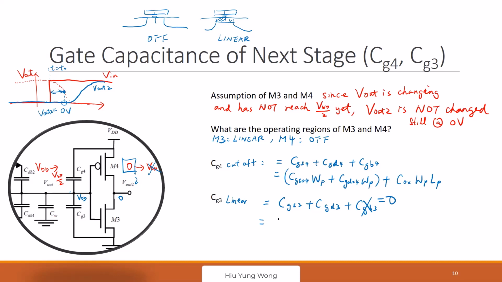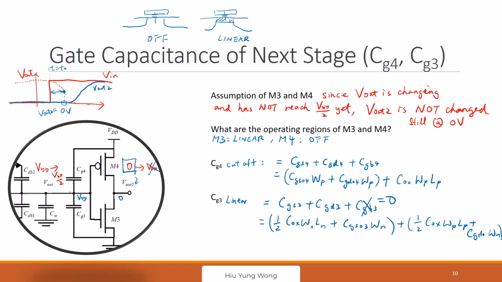So you have half COX WNLN, plus you have overlap capacitance still, CGSO3 times WN. This is the CGS3. And then plus 1/2 COX WPLP plus CGDO3 WP, sorry. Am I right?